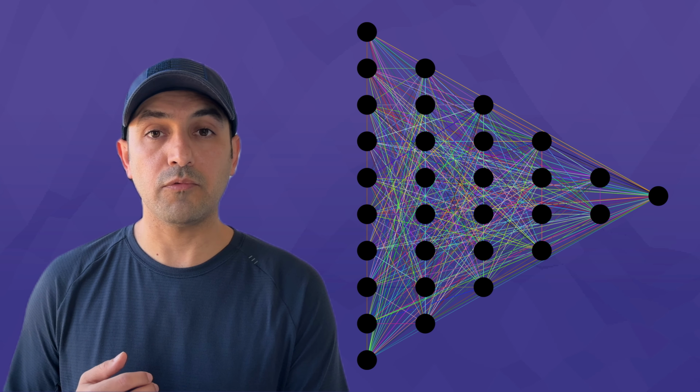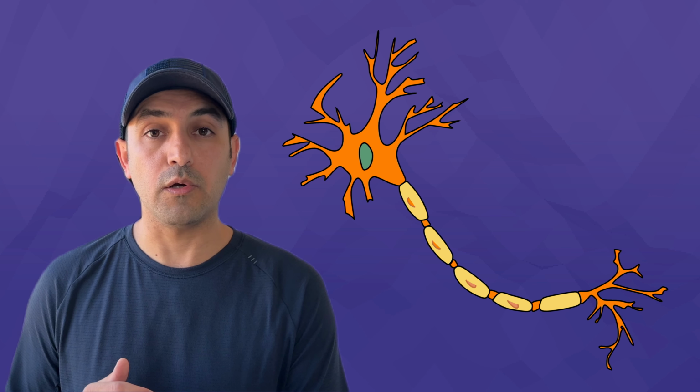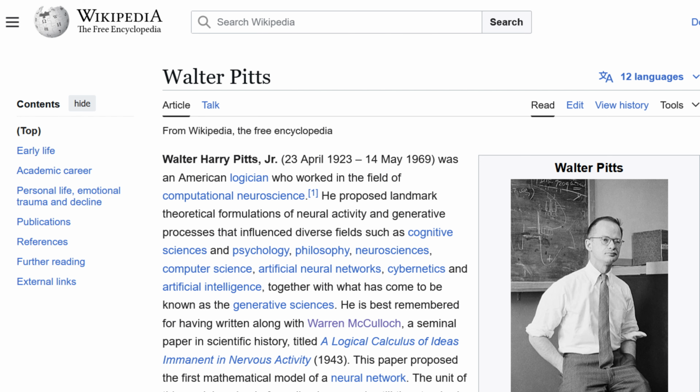The concept of neural networks dates back to the 1940s and 50s, inspired by biological neurons in our brains. Early pioneers like Warren McCulloch and Walter Pitts proposed a model of artificial neurons that could be connected to perform logical functions.